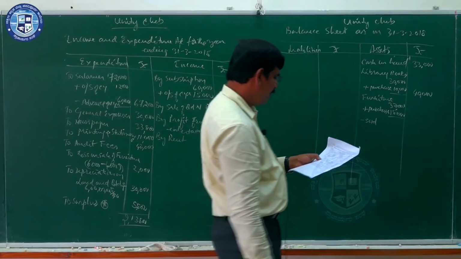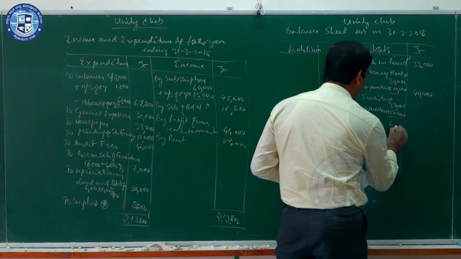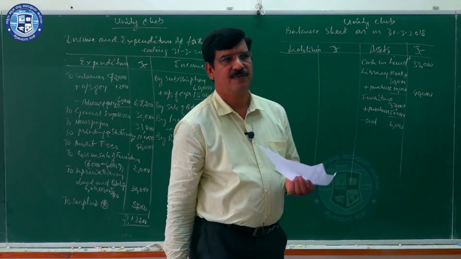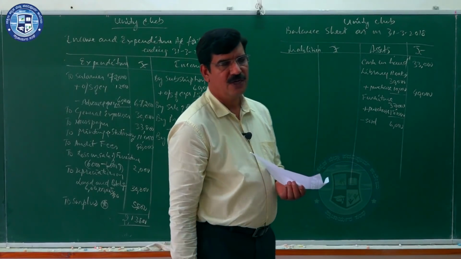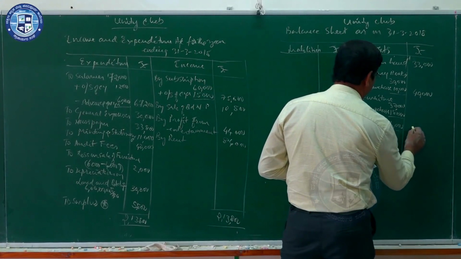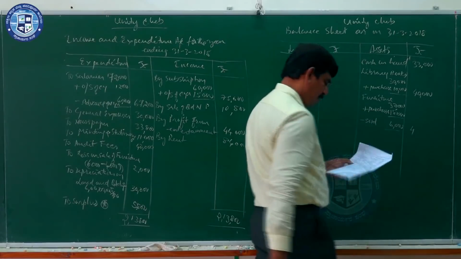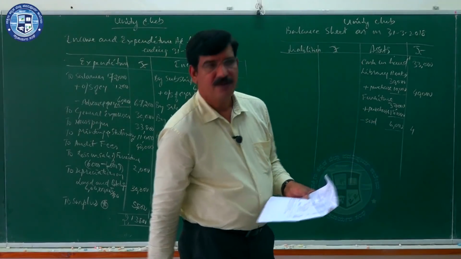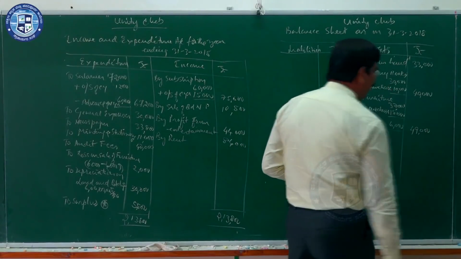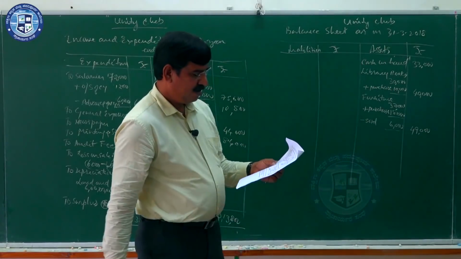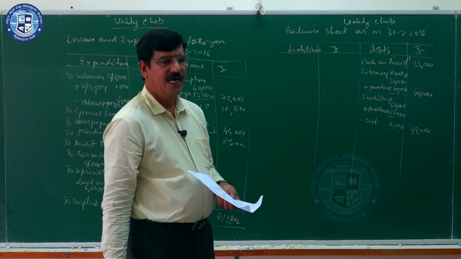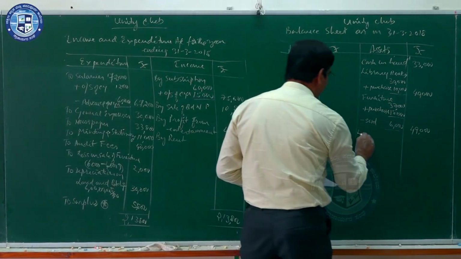Cost of furniture sold is 6,000. Then you have to see, is there any depreciation? If there is a depreciation, you have to deduct that also. So the amount will become 49,000. Land and building 6 lakh. There is no adjustment, only depreciation is there.